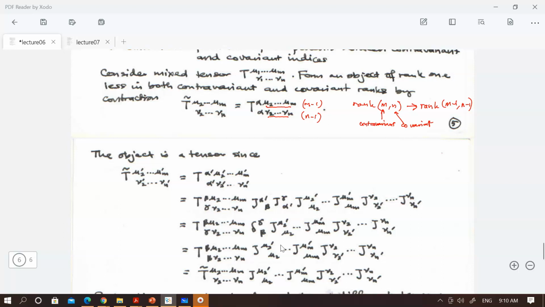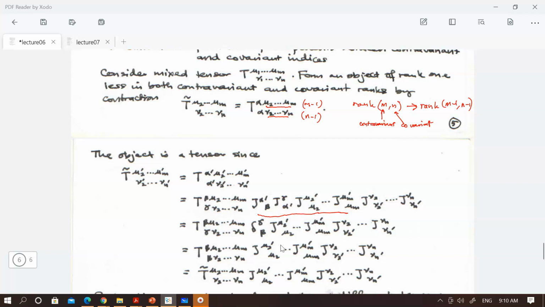Then we start to replace this. You know how the upper indices are transformed: they are transformed using the Jacobian. So these are the Jacobians here. I think I missed something. No, it's okay.